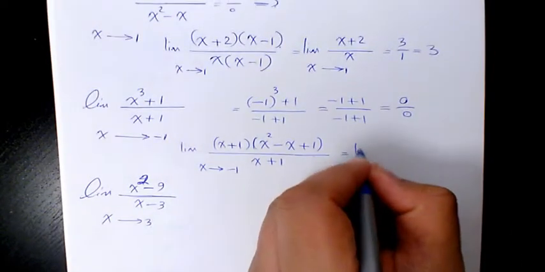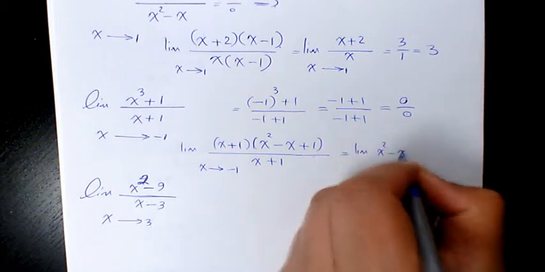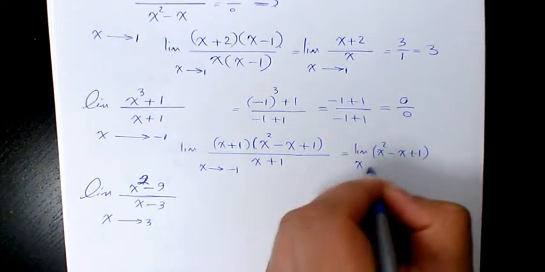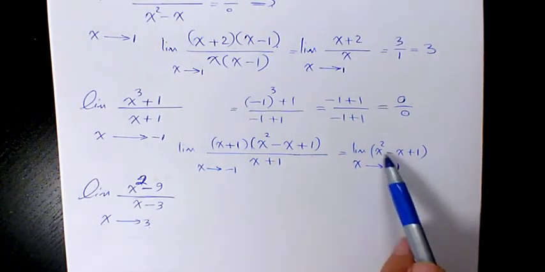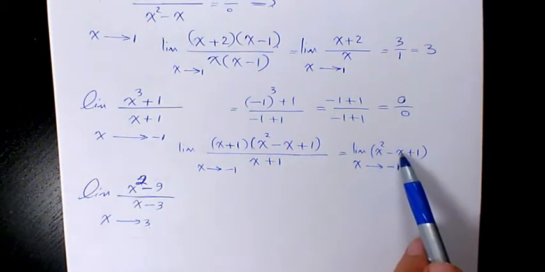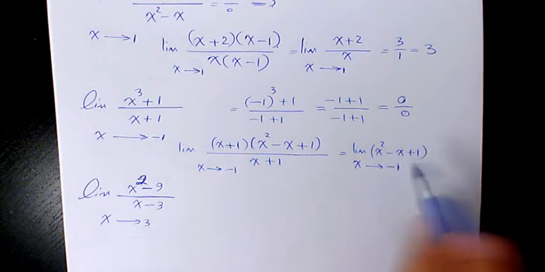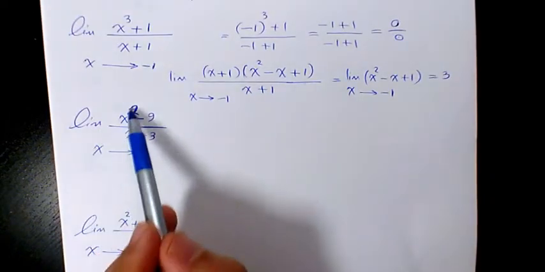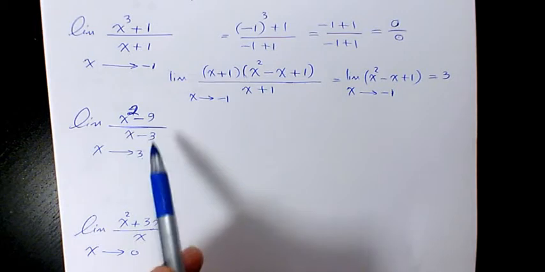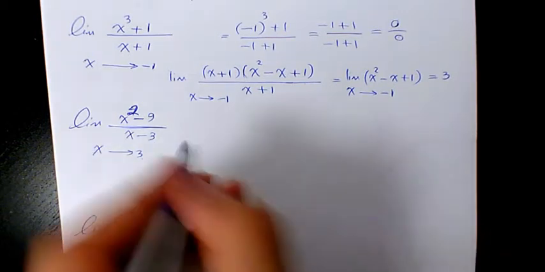It's going to be limit of x squared minus x plus 1 when x approaches negative 1. Then you sub it in: negative 1 squared is 1, minus x, which is going to be 1 plus 1 plus 1, which is 3.